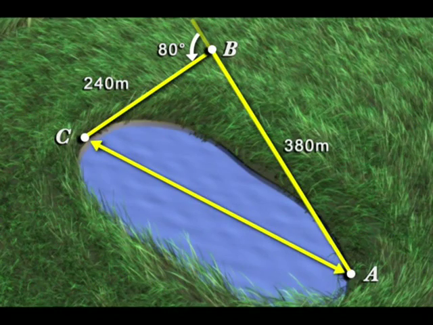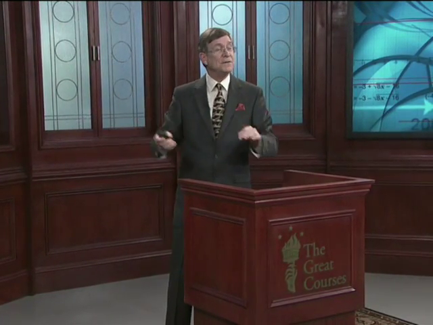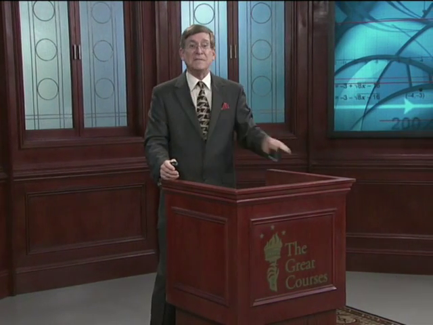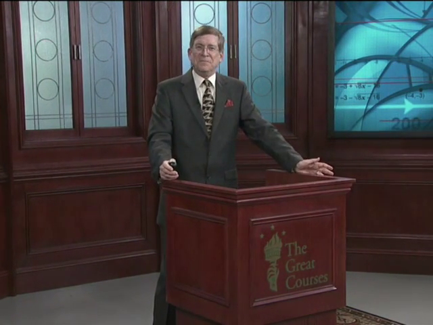Doing this little trick of starting at one point, walking a certain distance, turning an angle, walking another distance, looking back and saying, yeah, I've crossed the marsh without having to swim, and I can figure out how long it is from A to C. Well, this is clearly a law of cosines problem.